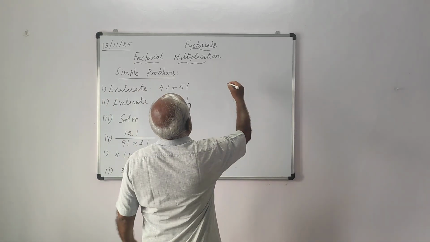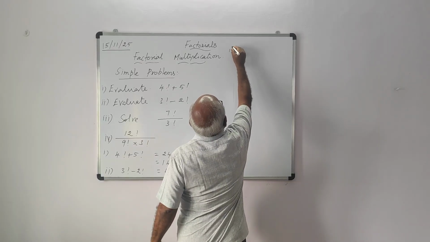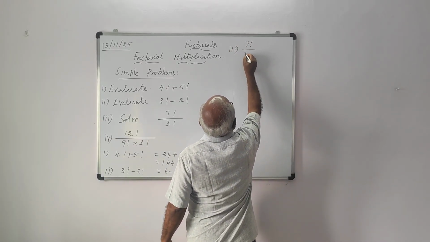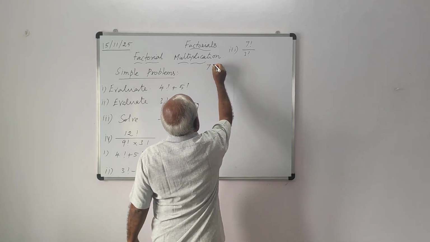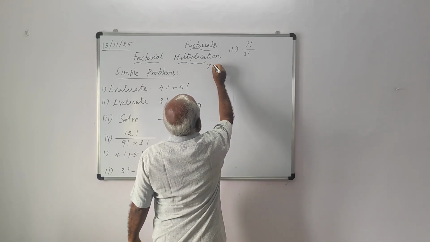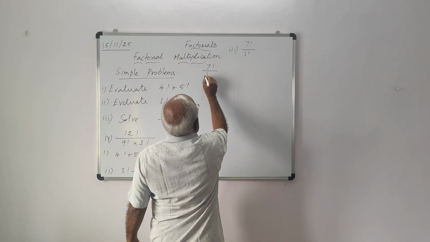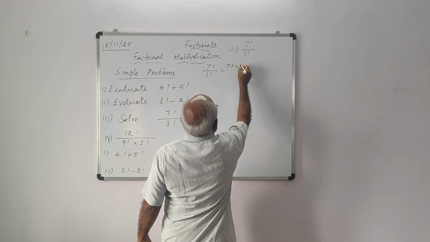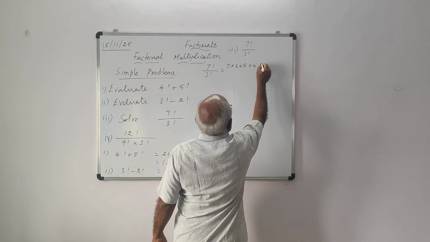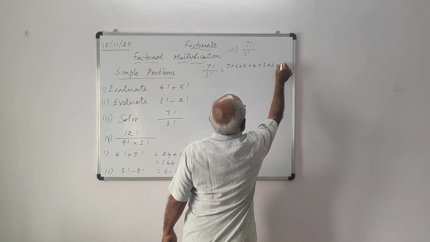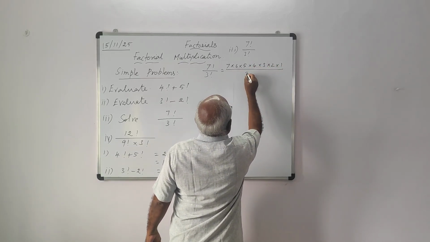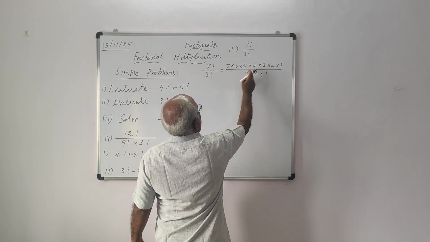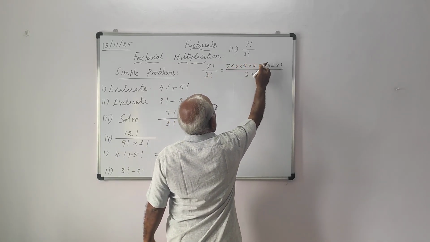Third problem: 7 factorial by 3 factorial. 7 factorial is 7 into 6 into 5 into 4 into 3 into 2 into 1, divided by 3 factorial, which is 3 into 2 into 1. 7 factorial is 7 into 6 into 5 into 4 into 3 factorial.